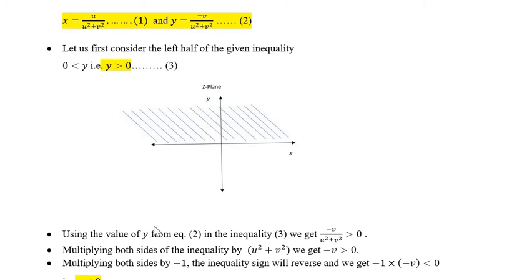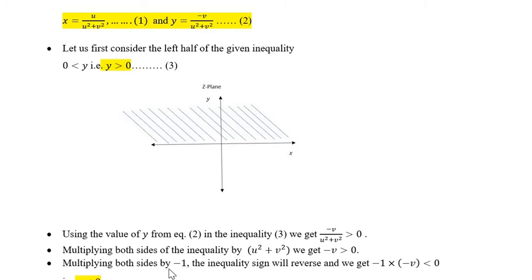Using the value of y from equation 2 in the inequality 3, we get minus v upon u square plus v square is greater than 0. Now we multiply both sides of this inequality by u square plus v square and we obtain minus v is greater than 0.